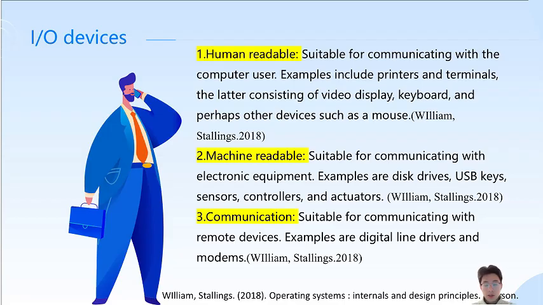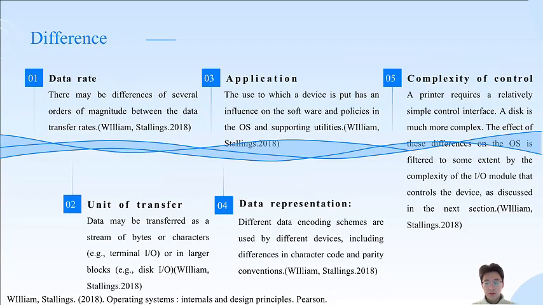And communication means suitable for communicating with a remote device like digital lines, drivers, and modems. They are different because they have different data rate, application, complexity of control, unit of transfer and data representation.